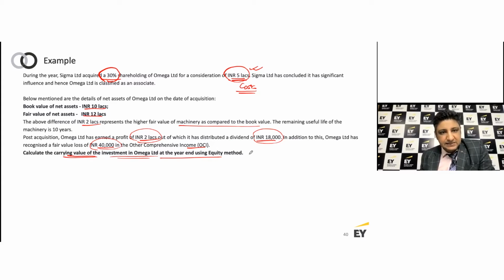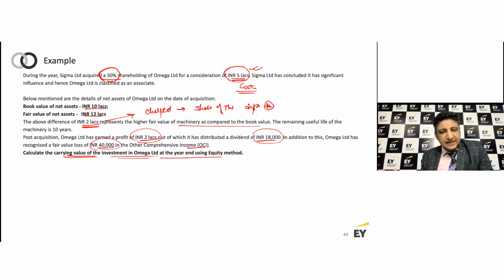That's a very straightforward calculation that we can do to arrive at the carrying value of the investment in the given case. However, when you look at this difference of 2 lakh rupees, effectively you acquired a stake in Omega Limited, and the fair value of the business was more than the book value. So that difference also would be charged, and the share of the depreciation will also be impacted through your financial statements.